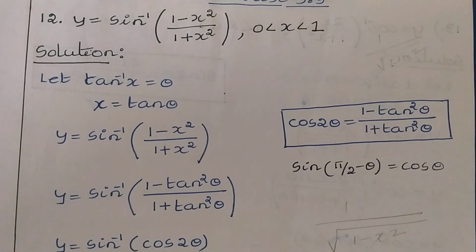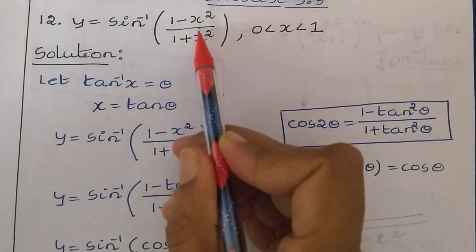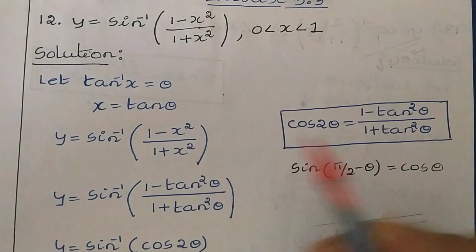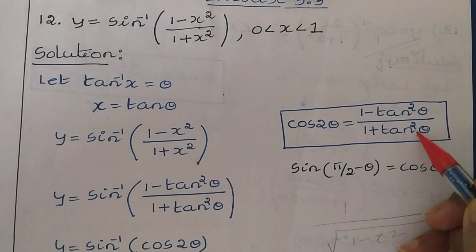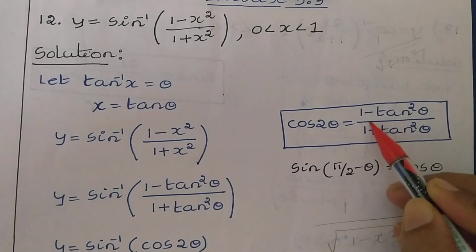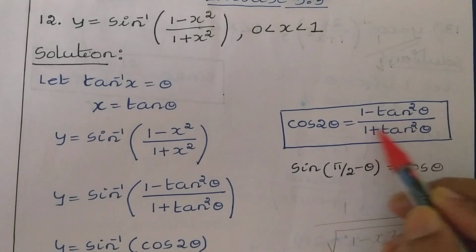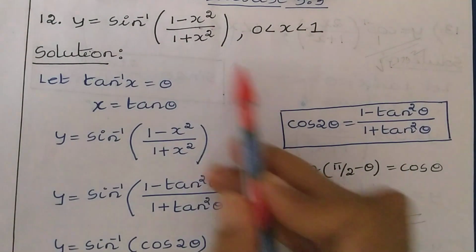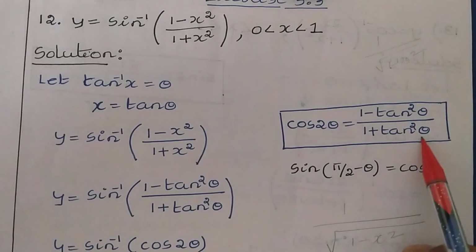First of all, if you compare this with the trigonometry identities, here I have taken one trigonometric identity: cos 2 theta is equal to 1 minus tan square theta divided by 1 plus tan square theta. Compare this with this, here both are similar.